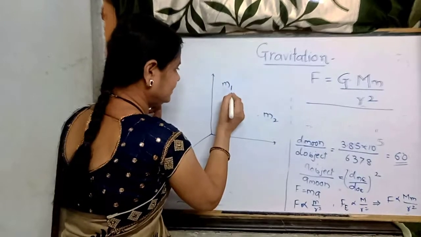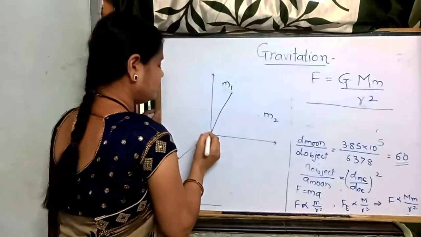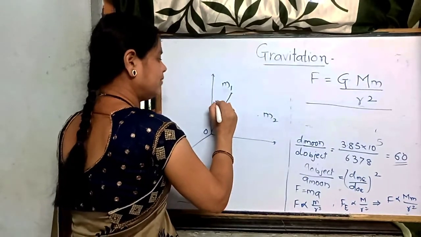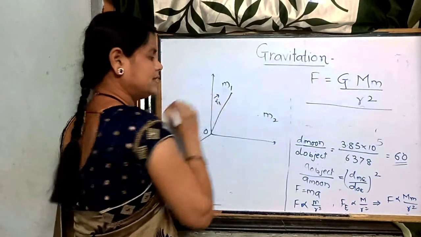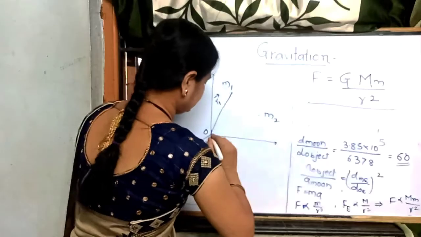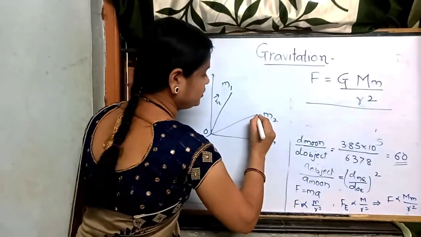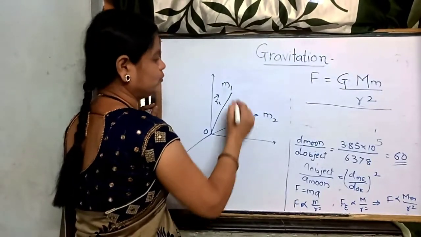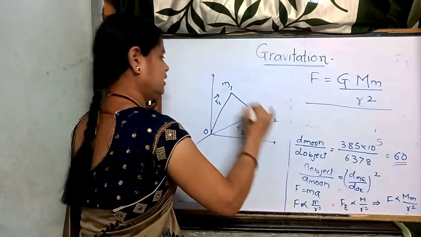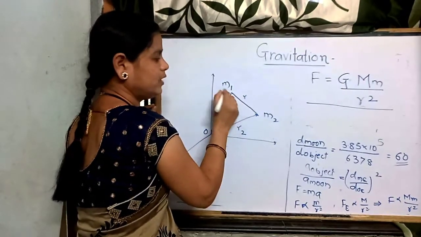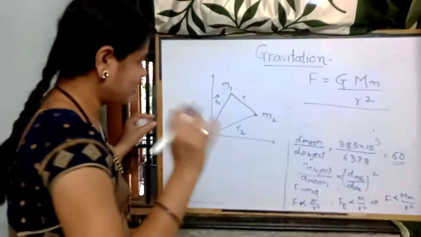Then say suppose from the origin of the coordinate system, this mass m1 is situated at a position vector r1. The position vector of mass m2 is, say, r2. Then the distance between m1 and m2 is r.